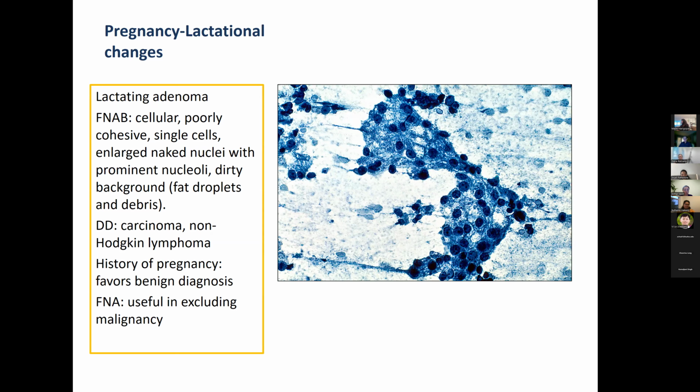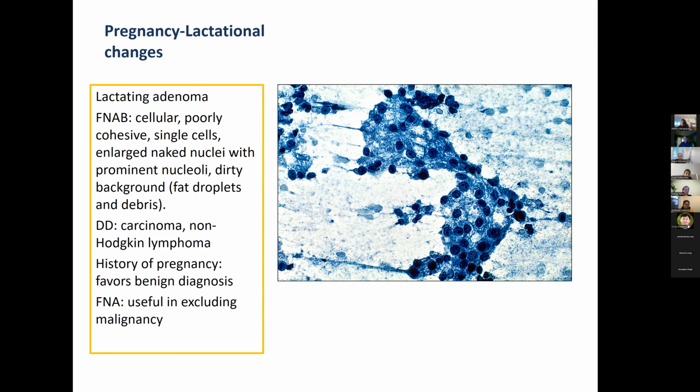And the smears usually have a very dirty background and a lot of secretion and debris. But notice that although the cellularity is high, you will see that the nucleus is very uniform across the clusters. So every nucleus looks like the other nucleus. There's no pleomorphism, and they may have prominent nucleoli.